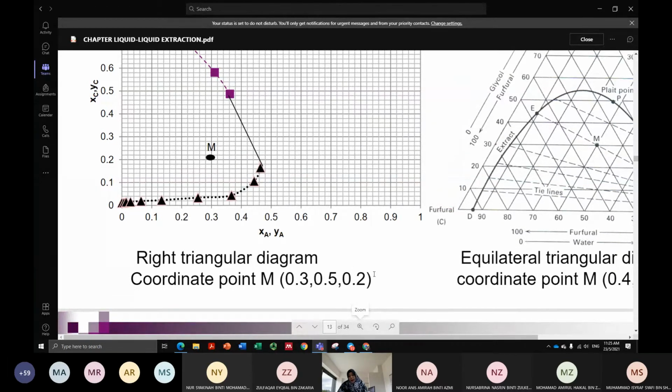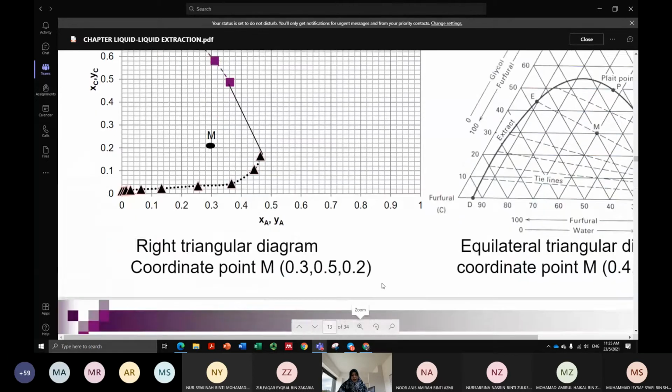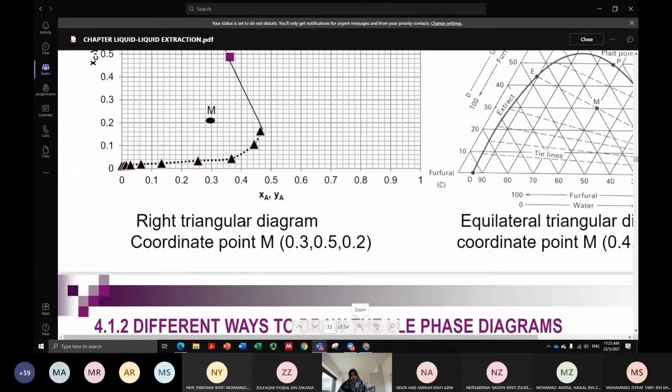So it doesn't mean that you need a three-dimensional axis to know the fractions of the three components. For the right triangular diagram, if you know two values for the axis, you should know the third value.